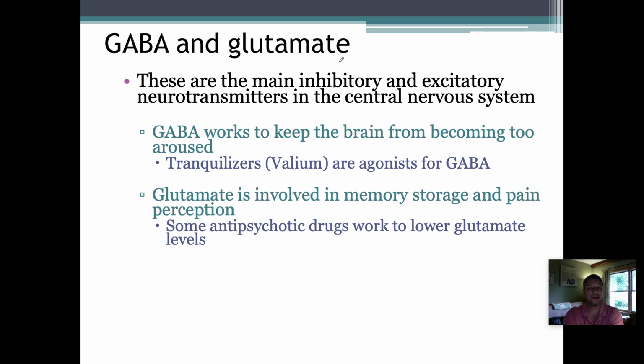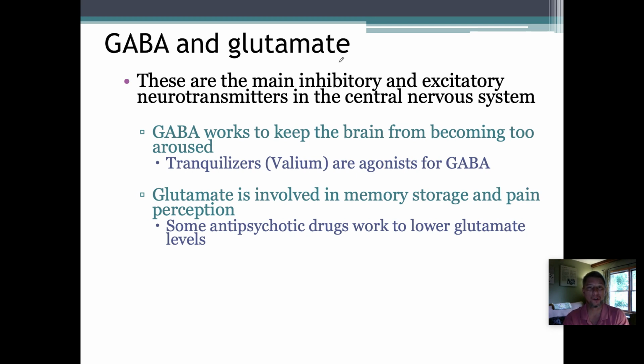GABA and glutamate are the main inhibitory and excitatory neurotransmitters in the central nervous system. GABA works to keep the brain from becoming too excited, too aroused, too hyper. Okay, and so tranquilizers like Valium are agonists for GABA.